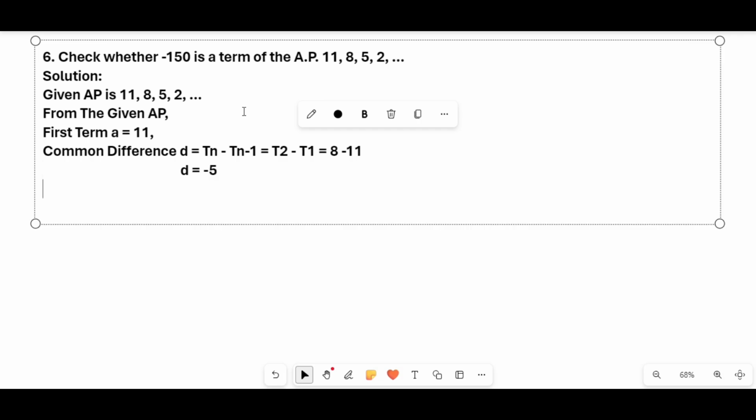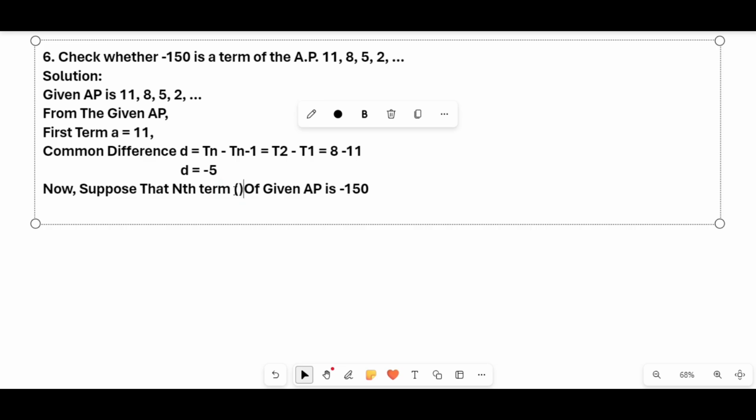Okay, so now suppose that the nth term of the given AP is minus 150.